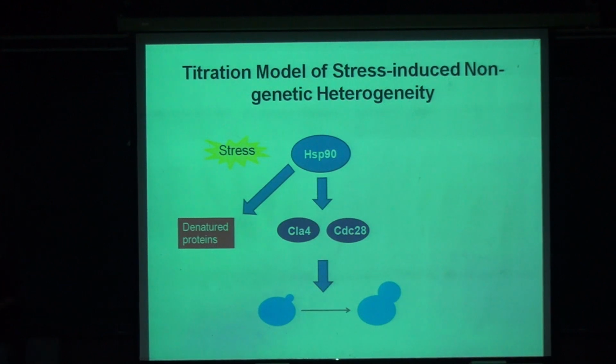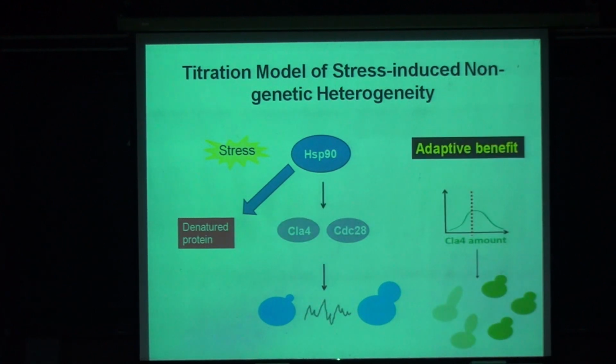So this is what we call the titration model, because once the chaperones are redirected to work on those denatured proteins, the amount of chaperone that can work on their original clients becomes titrated. That means now inside the cell they may not have enough Hsp90 to work on those Cln3 or those Cdc28.